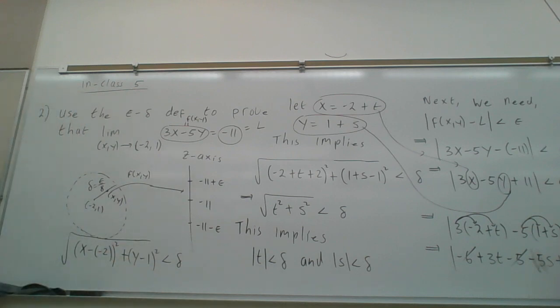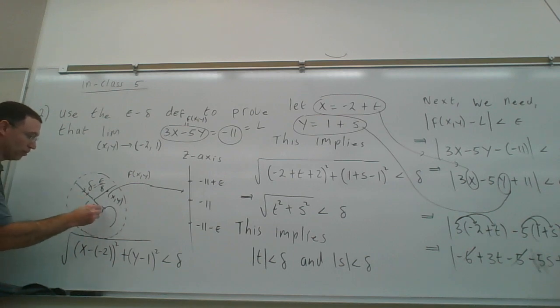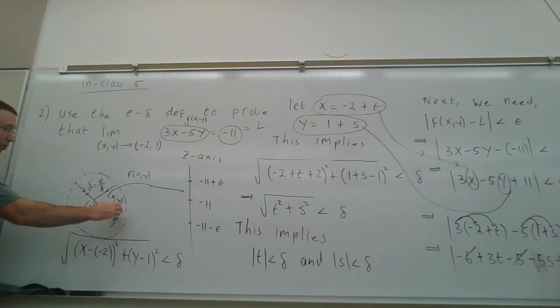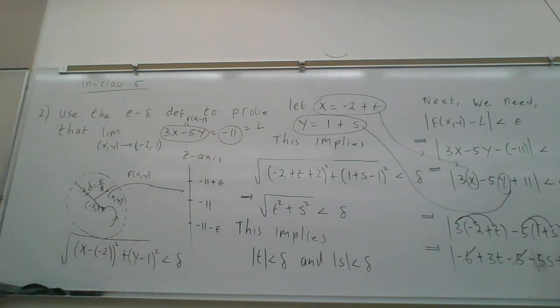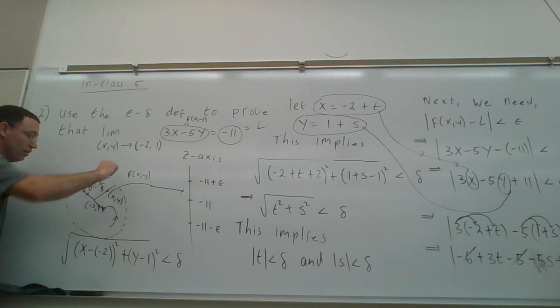So we're done, we've proven it. Another way of saying this is that any path coming into (-2, 1), any strange path, is fine. Any path coming in there will give you the same answer. They'll all go to minus 11 as our answer. So when you're proving this epsilon delta definition, you're actually proving that the limit equals minus 11 for any path you come in on. So we're done.